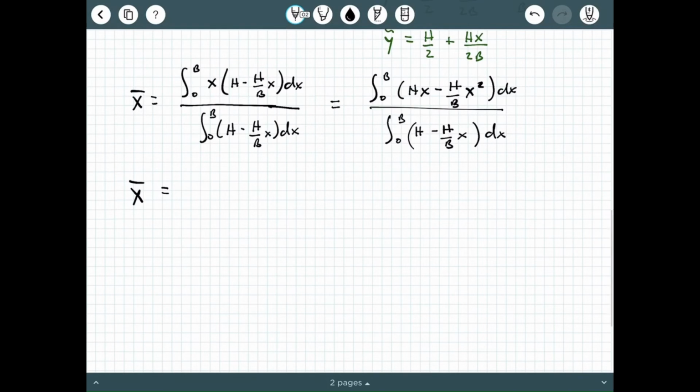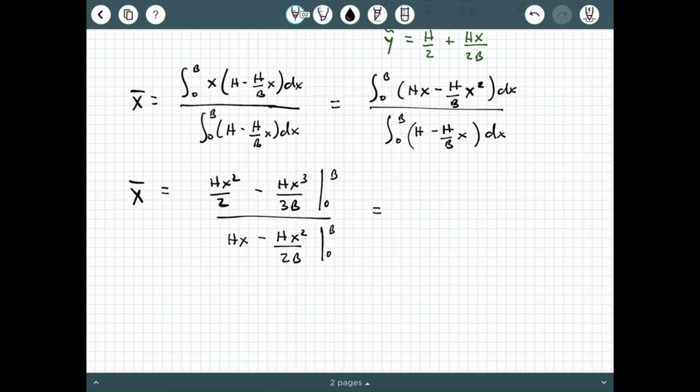X bar is a pretty simple integral to evaluate. So we get hx squared over 2 minus hx cubed over 3b, evaluated from 0 to b, divided by hx minus hx squared over 2b, evaluated from 0 to b.